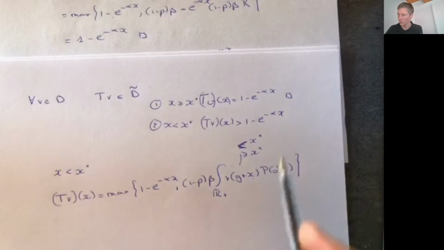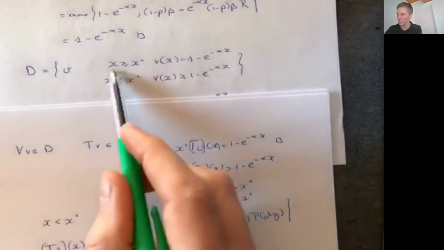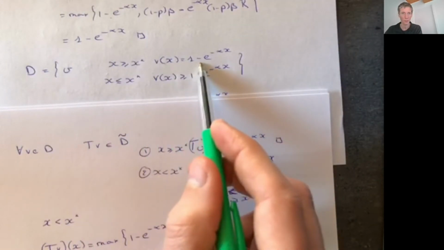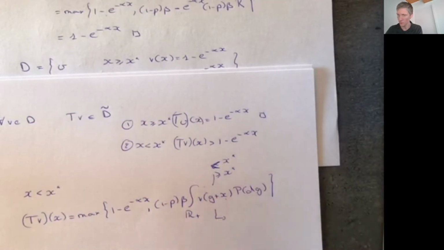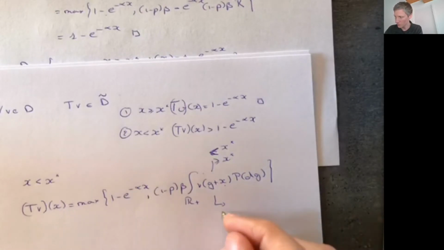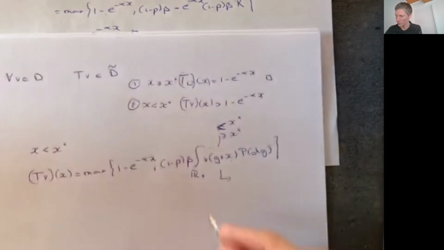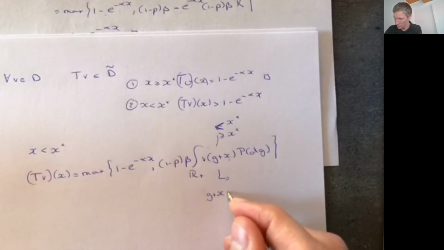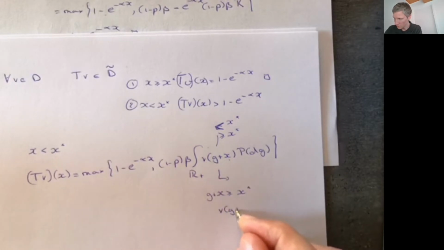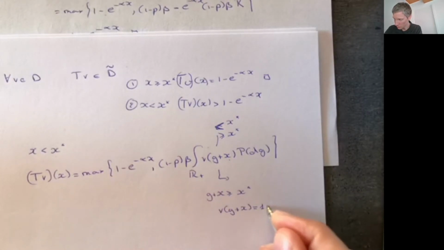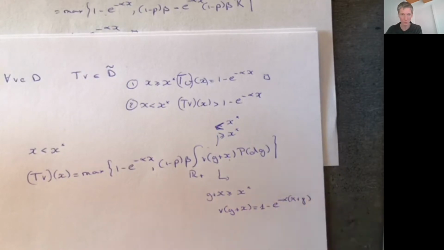So if it's greater or equal to x star, then I already know, because v is in D, that it is equal to 1 minus e to the minus alpha x applied here, right? So in other words, if g plus x is greater or equal to x star, then I know that v of g plus x is equal to 1 minus e to the minus alpha times x plus g.